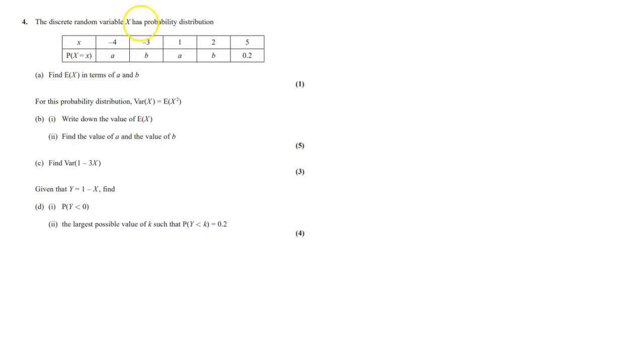The discrete random variable X has a probability distribution. Find E(X) in terms of A and B. So that is part A. This is minus 4A minus 3B plus A plus 2B plus 1.